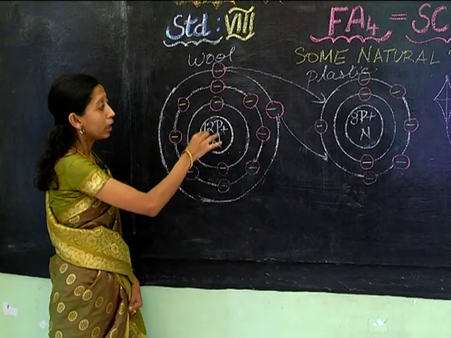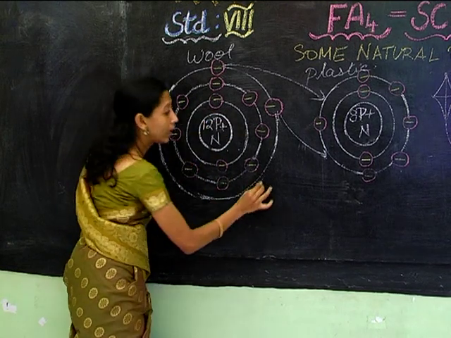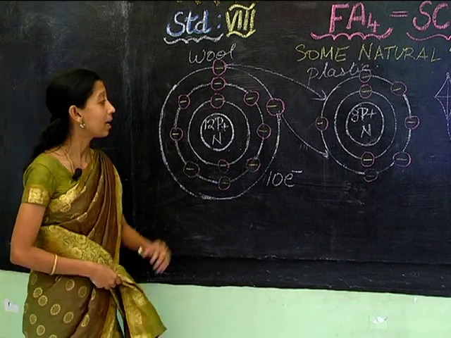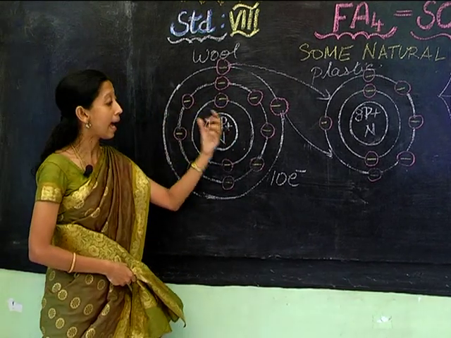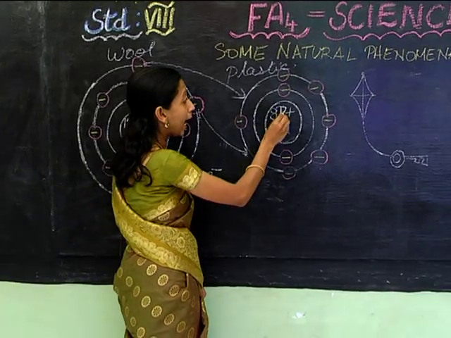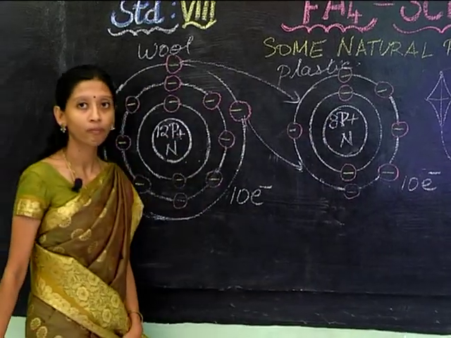Now there are not 12 electrons, there are only 10 electrons. So after rubbing, there are only 12 protons and 10 electrons in the wool, whereas here there are 8 protons and you have 10 electrons.